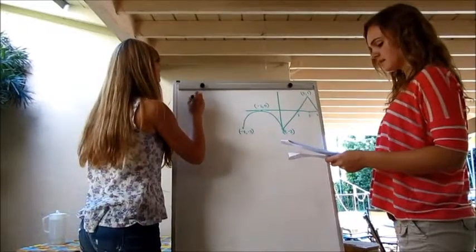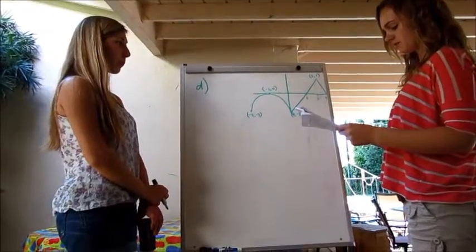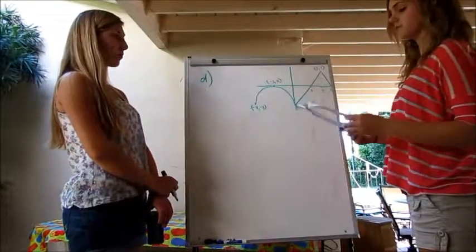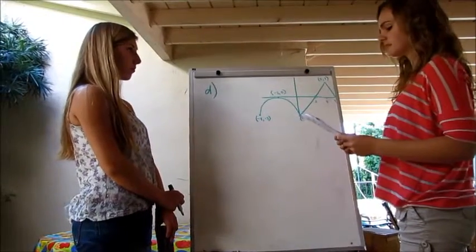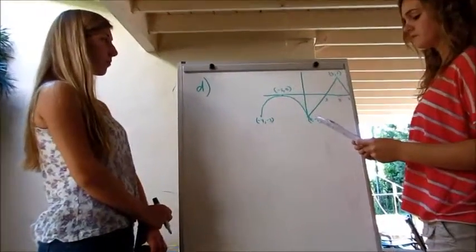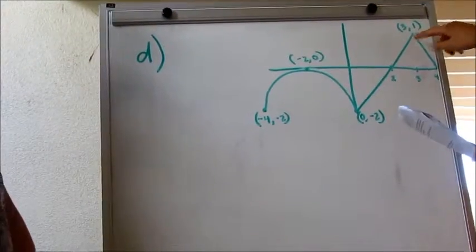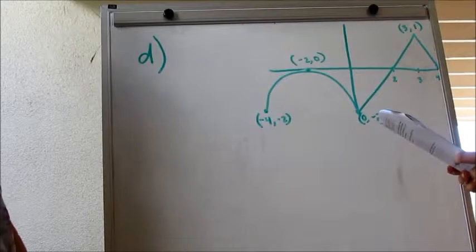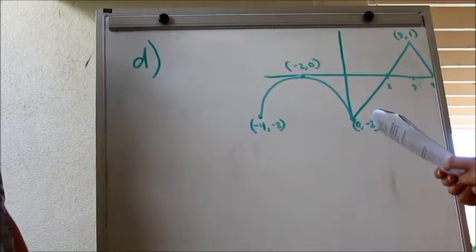So for part D, the problem says find the equation for the line tangent to the graph of f at x equals 3. The slope at x equals 3 is 1 because the y value for the graph of the derivative is 1 at x equals 3 up here. So what you do is plug in the slopes and the coordinates for x equals 3 of the original function.